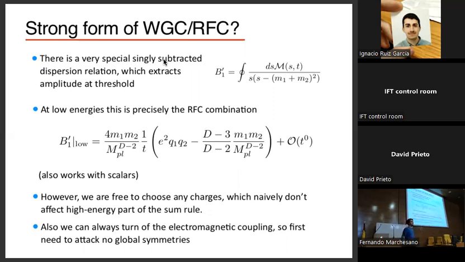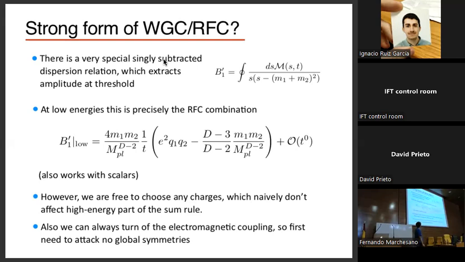When the center of mass energy squared s is the sum of the masses squared, then we are exactly in the static configuration, and the 1/t pole in the amplitude is precisely what the Fourier transform turns into the usual interaction potential. So one can write a dispersion relation that extracts that residue. Again, it's singly subtracted.